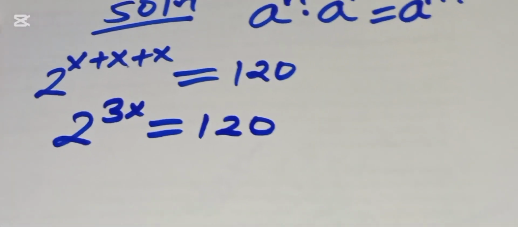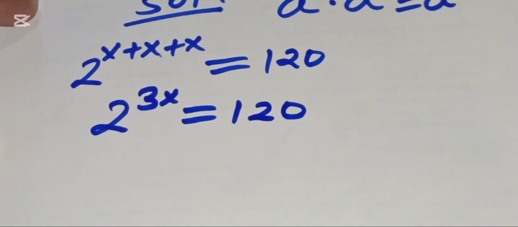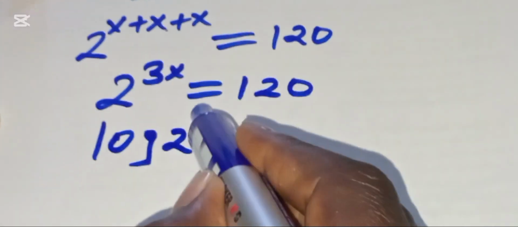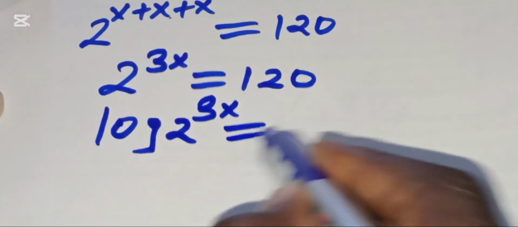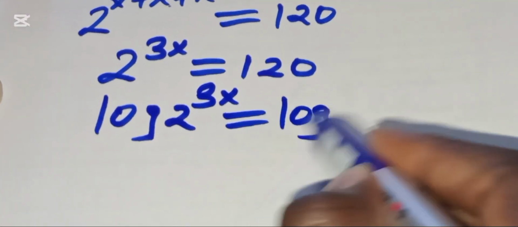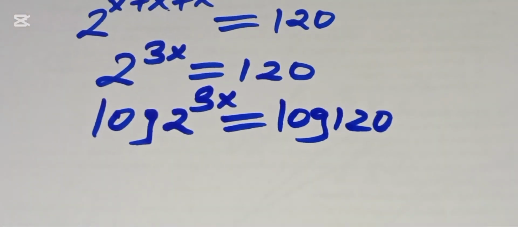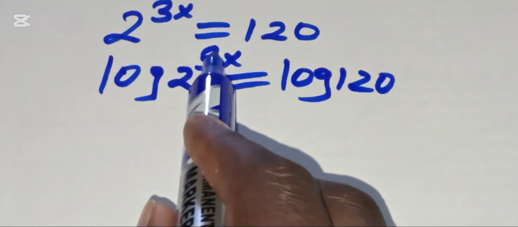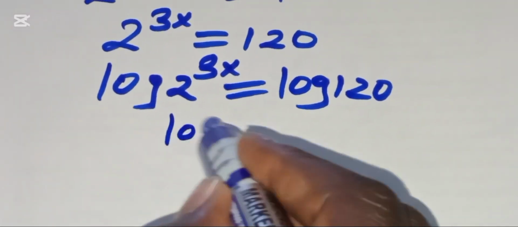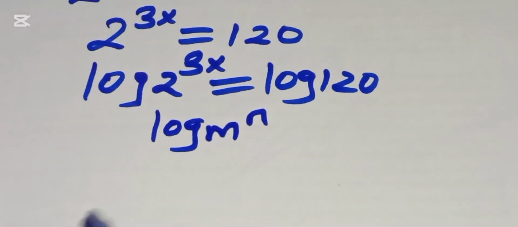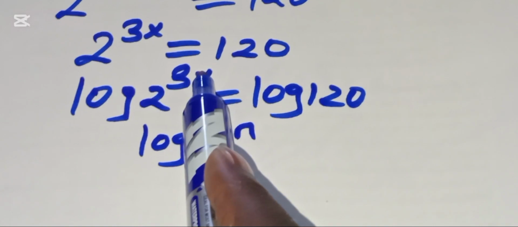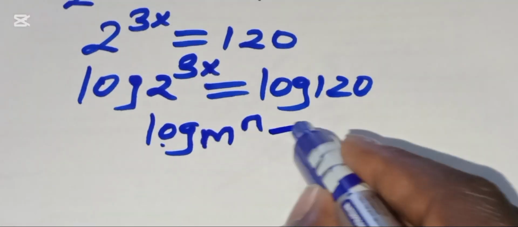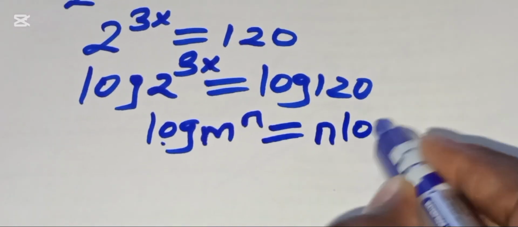Now, for the value of x, we introduce the natural logarithm as follows. This is log 2 raised to power 3x on both sides, we'll have log 120. Log 2 raised to power 3x is in the form of log m raised to power n, which you can express as n log m.